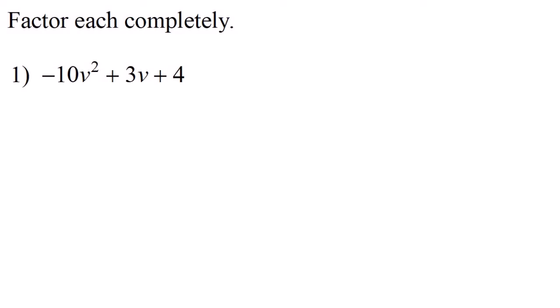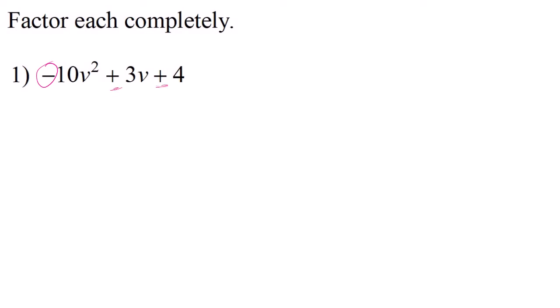All right, so here's number 1. So factor each completely, directions are the same. And so here I have a negative in front of the leading coefficient, right in front of the a term. And so when that happens, you have to factor it out, okay? And the reason why is because if we don't factor it out, our signs lie to us.